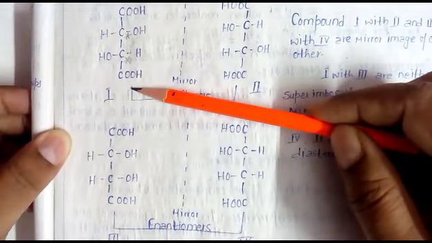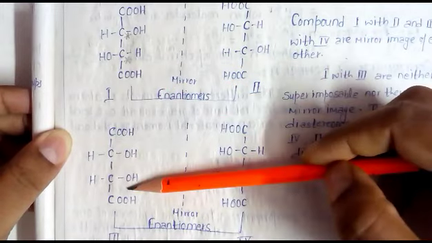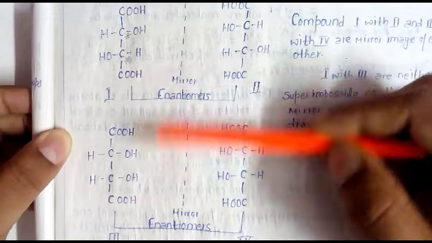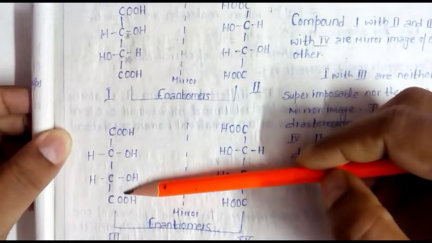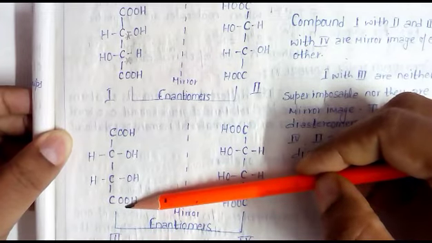It means these two structures have the same molecular formula, but they are not related and not mirror images of each other. So this pair, 1 and 3, is called diastereomers.